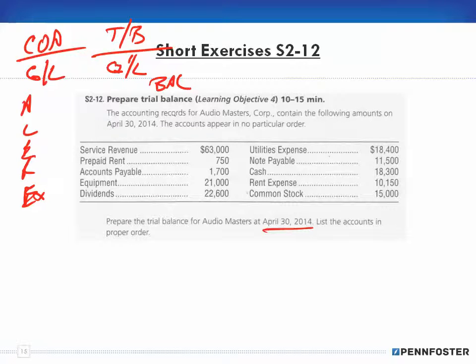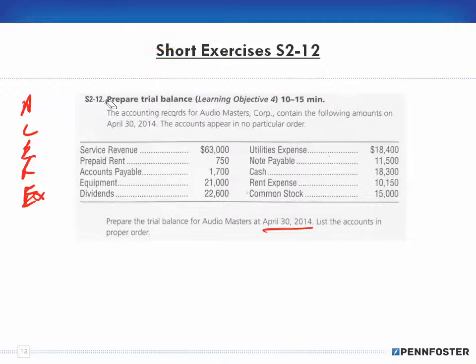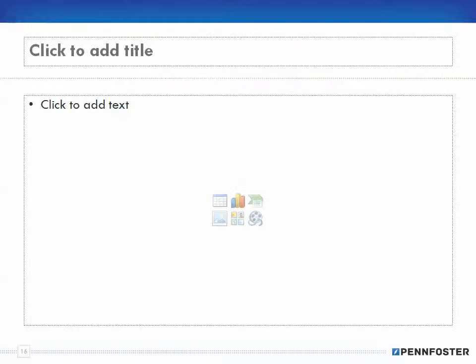So basically you're taking your chart of accounts and adding in the balances. It has its own correct format, which I discussed in the theory videos, toward the end when I went over financial statements. But I'll try to go over it again here. So let's get to the next slide.